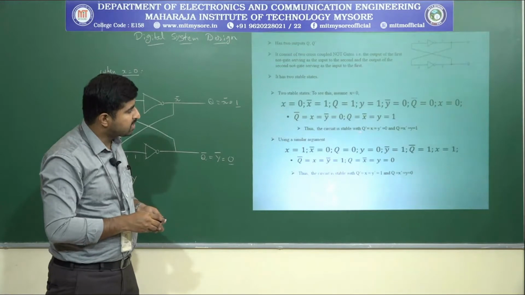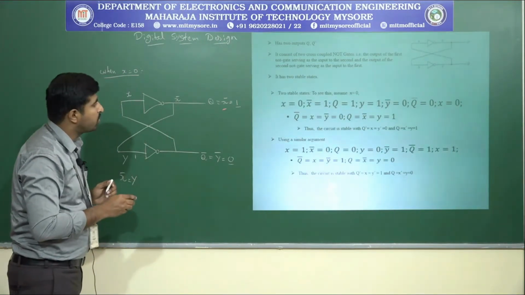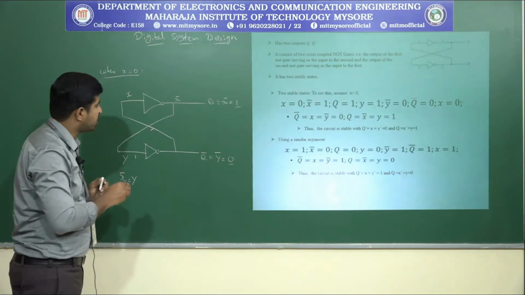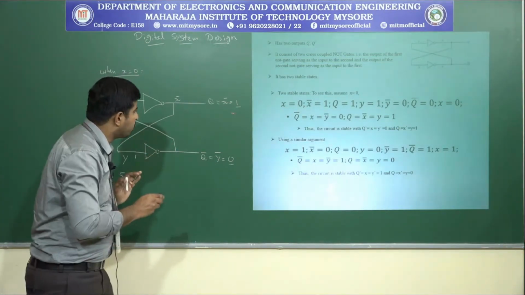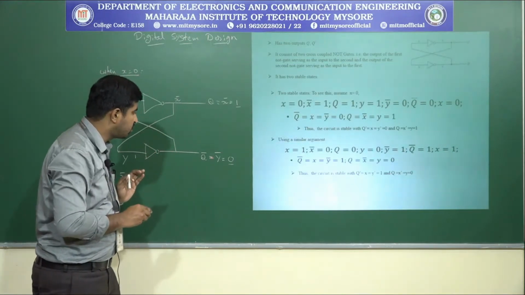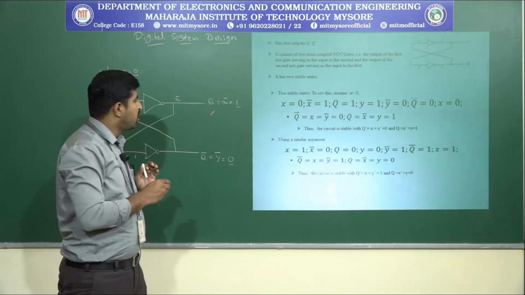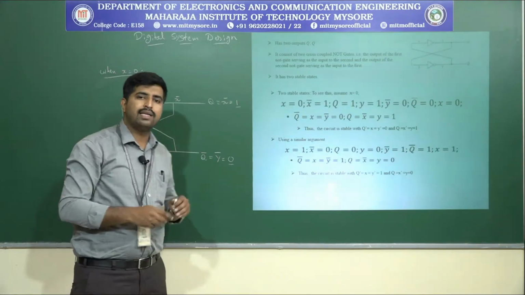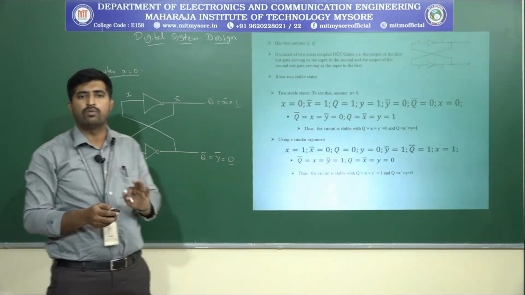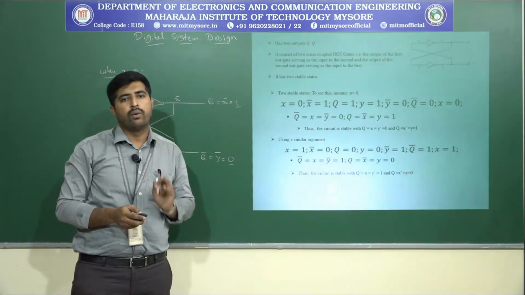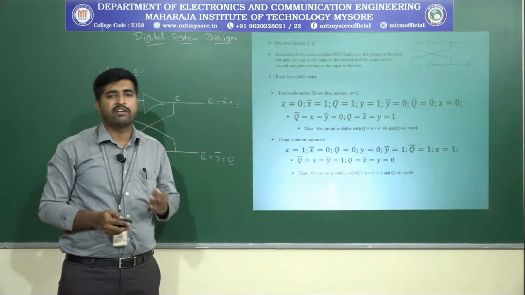Thus the circuit will be stable with Q bar equals 0 and Q equals 1, always giving logic 1 at Q and logic 0 at Q bar. Of Q and Q bar, Q is the normal output and Q bar is the complement of that output.